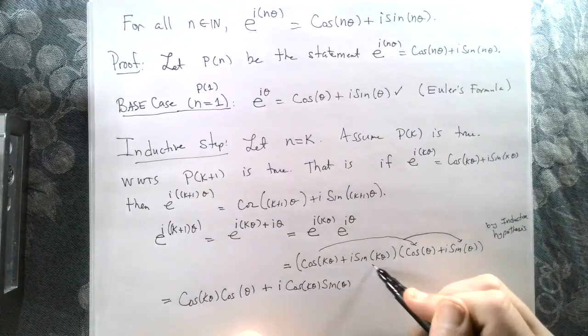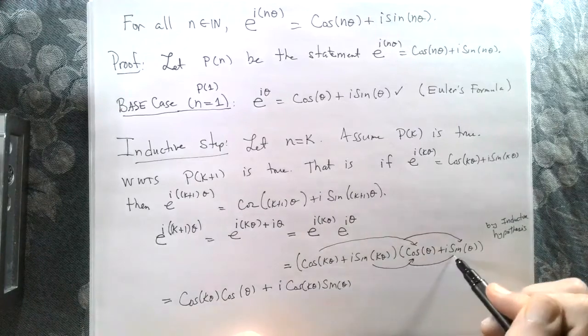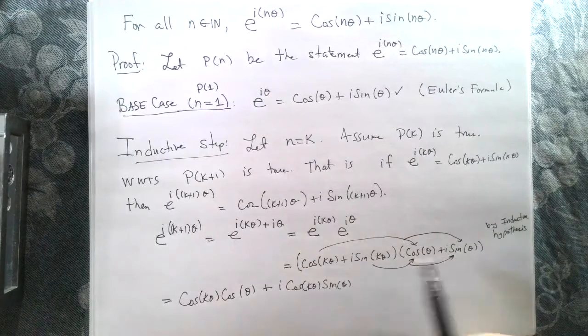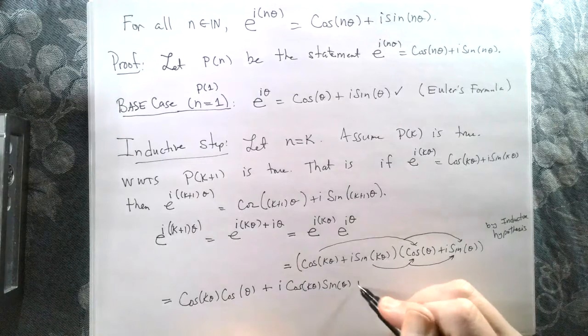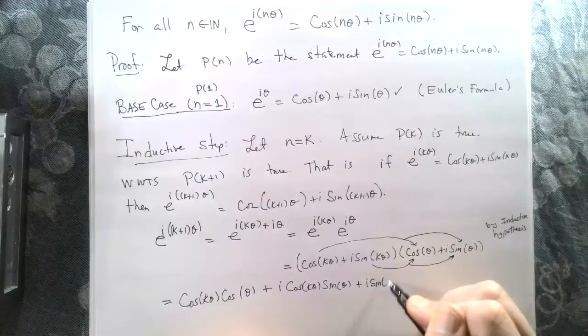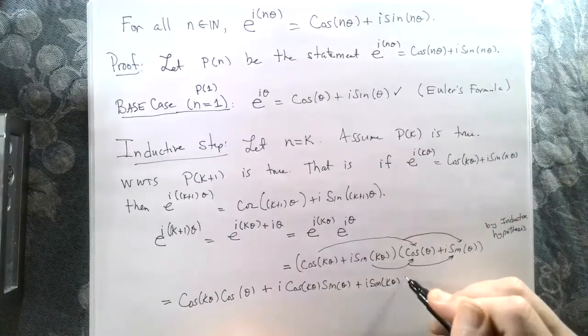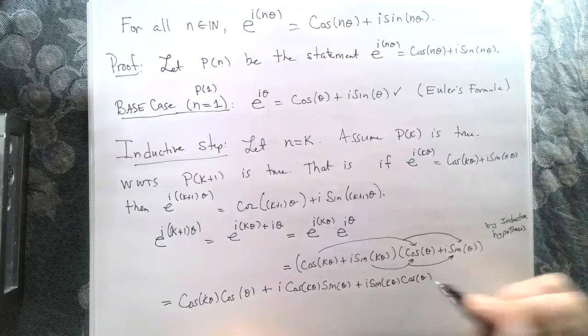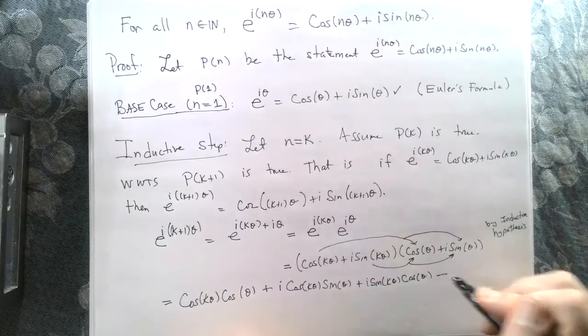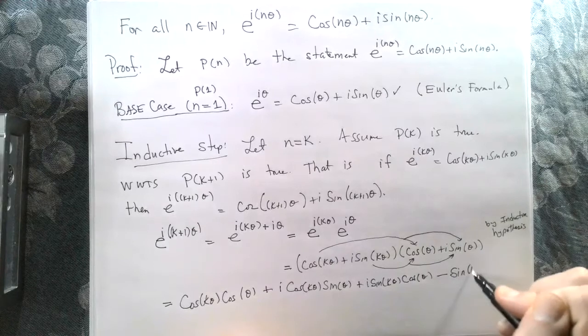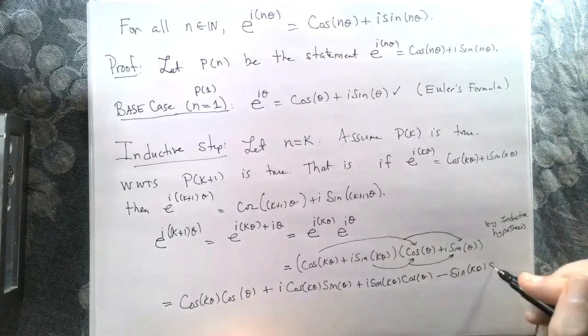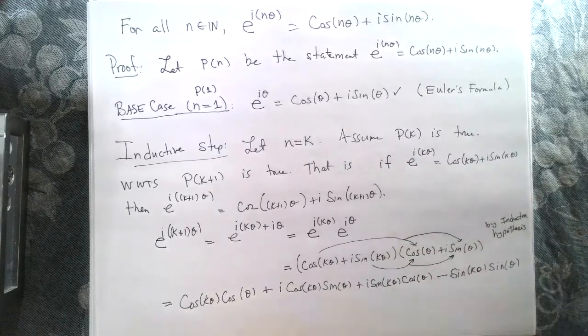And so now I'll distribute this to both terms. And we want to be careful, right, because i squared is -1. So carefully distributing gives us the following. So this gives us i sine of k theta times the cosine of theta. And then i times i is -1. So this is minus sine of k theta times the sine of theta.